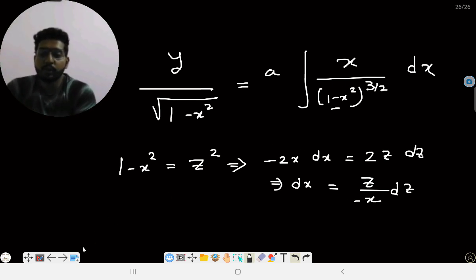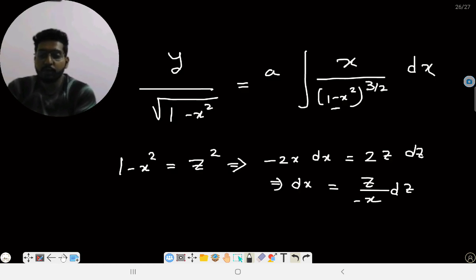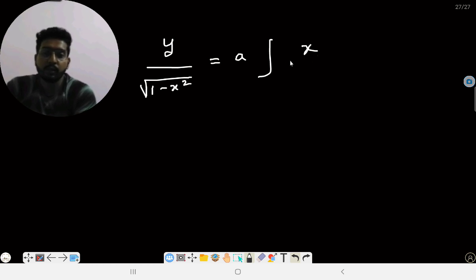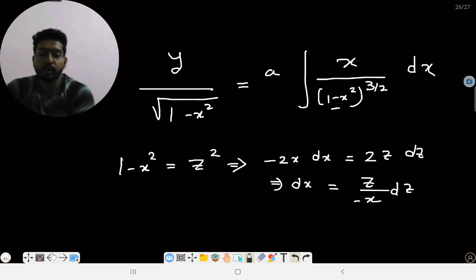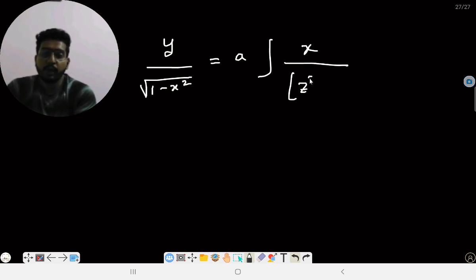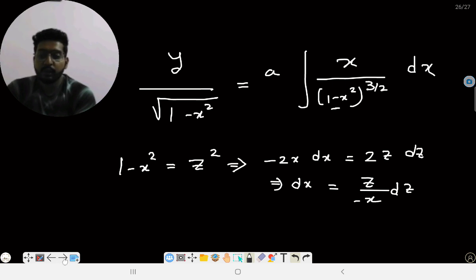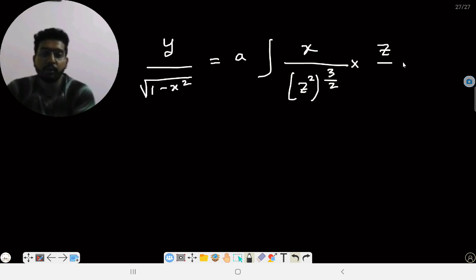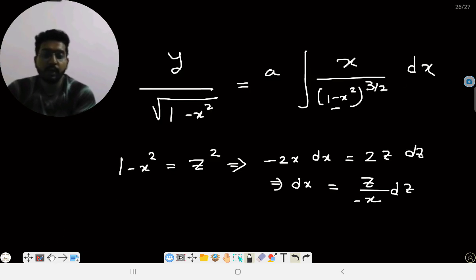Now just put the value here, so that will become y by root over of 1 minus x square equals a into integration of x by (1 minus x square) whole to the power 3 by 2 dx. 1 minus x square means z square to the power 3 by 2. Now what is the dx here? z by minus x dz.